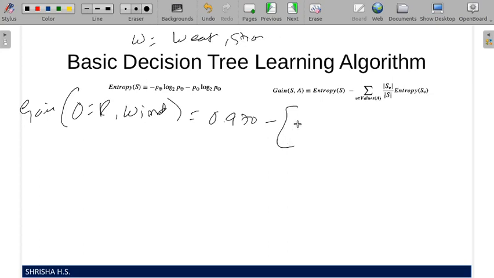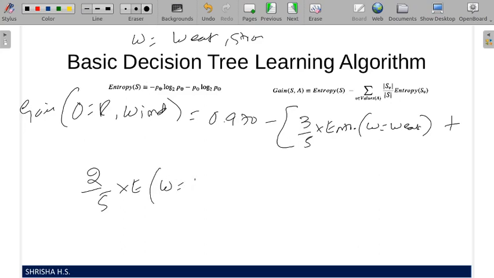So total how many weak are there? Where outlook equal to rain, 3 weak are there, so multiplied by the entropy when wind is weak, plus 2 strongs are there when outlook equal to rain, multiplied by the entropy when wind equal to strong.